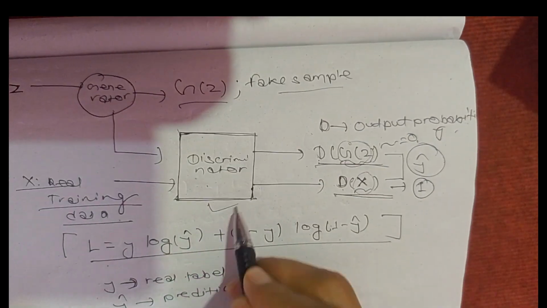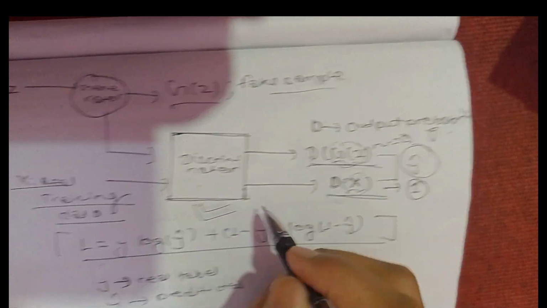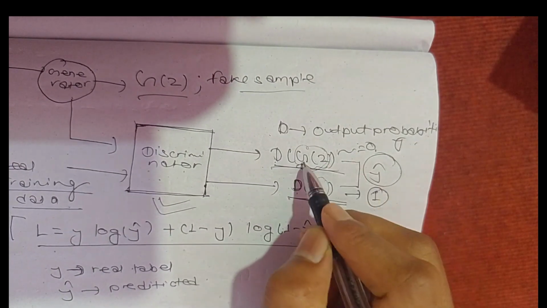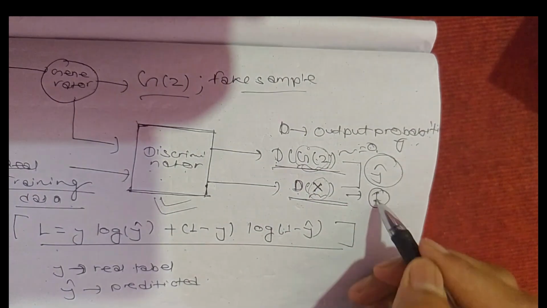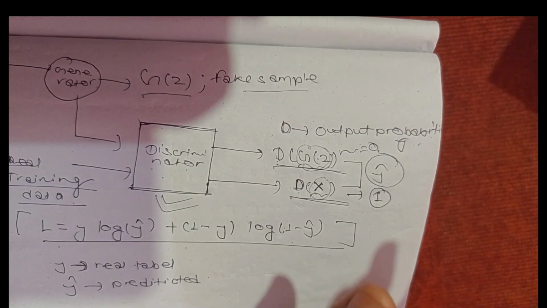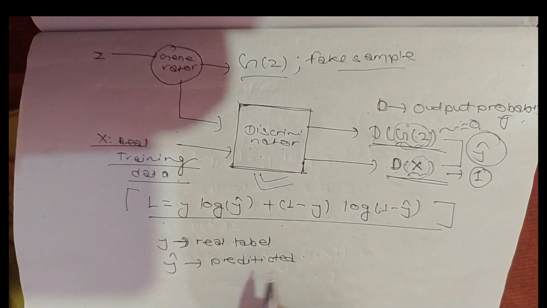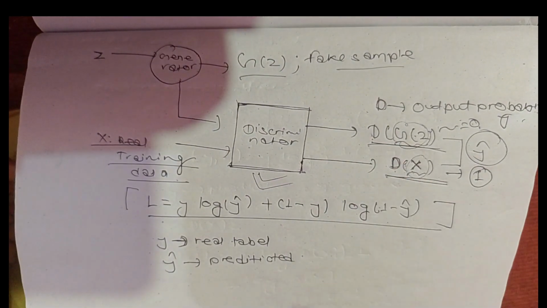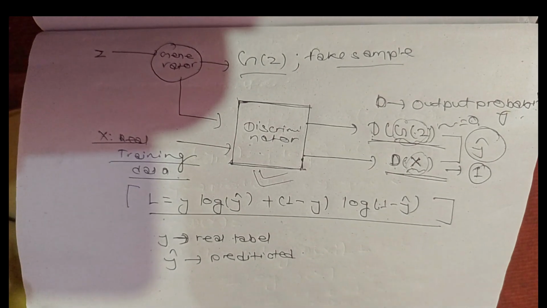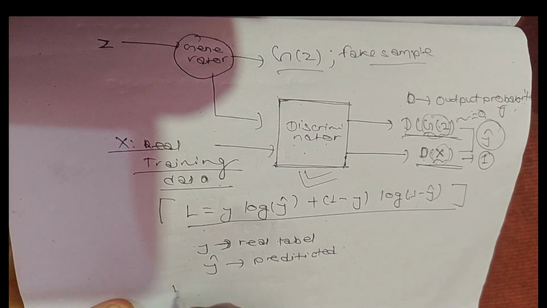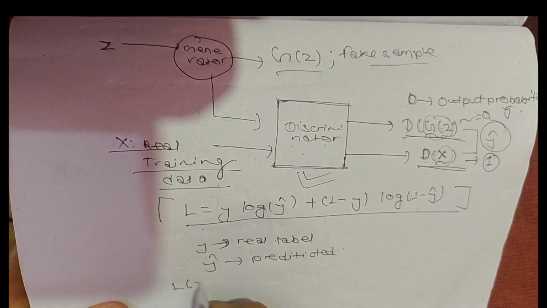To build a better discriminator, we have to make this quantity equal to 0 and this quantity equal to 1. This is our y hat, and let's apply the loss function.